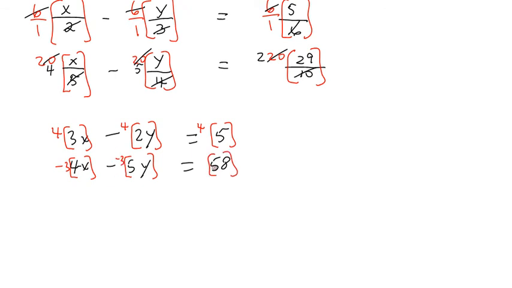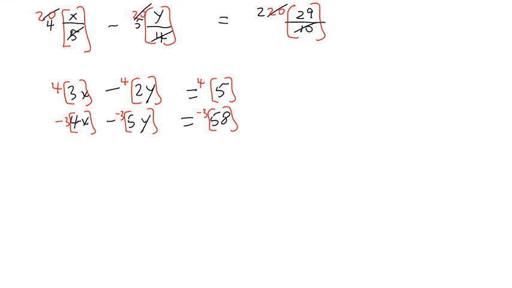All right. Now, when I do that, I'm going to end up with 4 times 3 is 12x minus 4 times 2 is 8y is equal to 20. In the next equation, negative 3 times 4 is negative 12x, and there you go. Those are going to add up to 0 when we add them together.